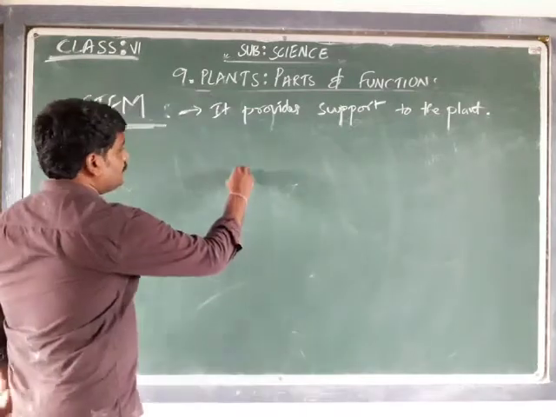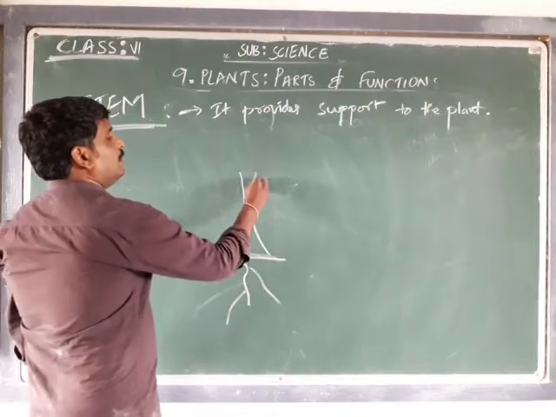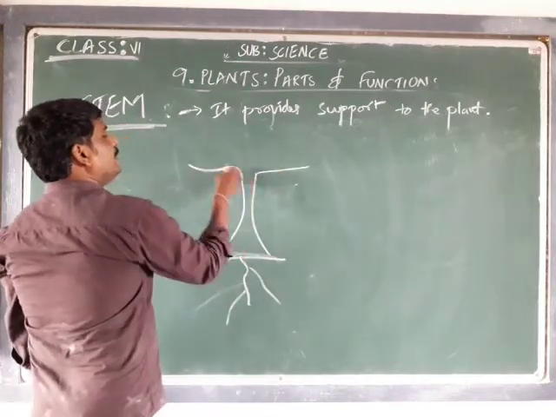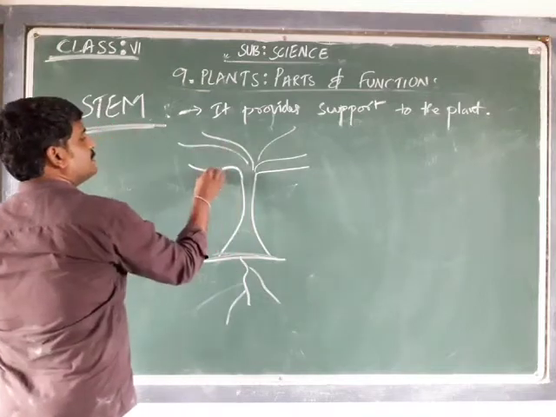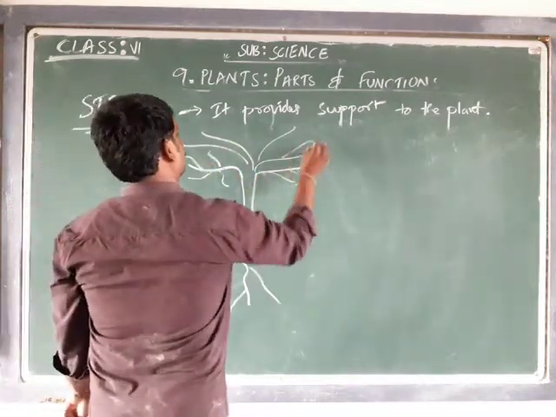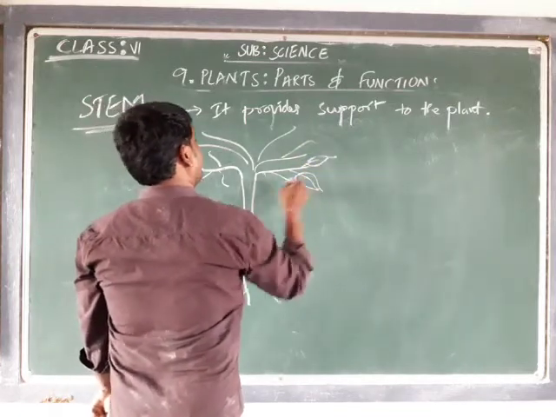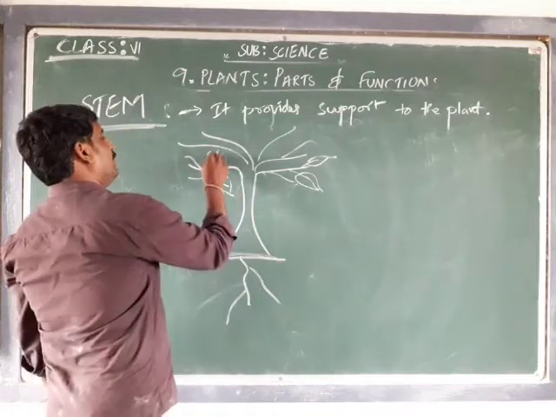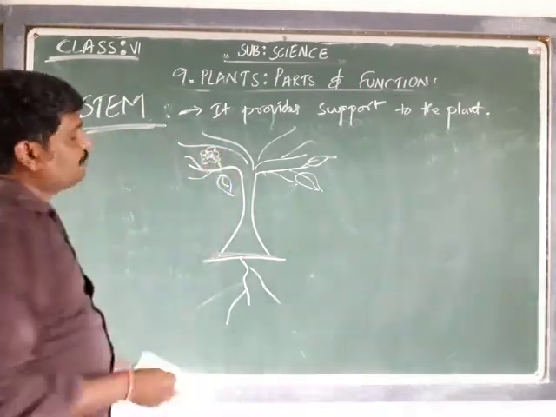The stem part of the plant is going to be converted into branches and sub branches to bear leaves and flowers.